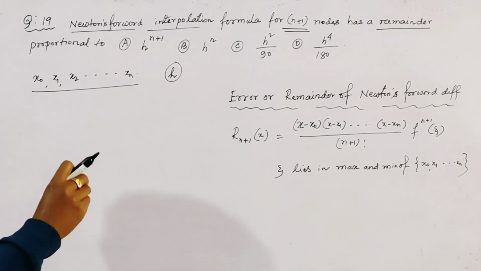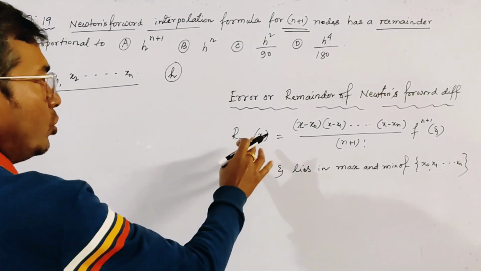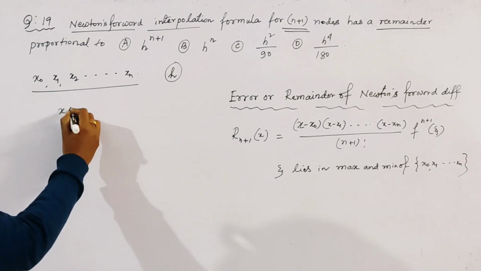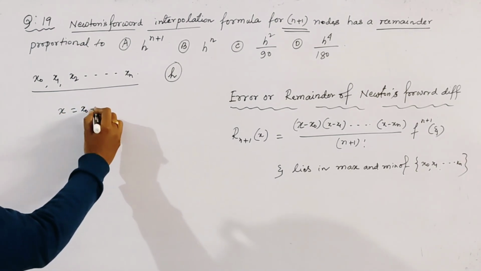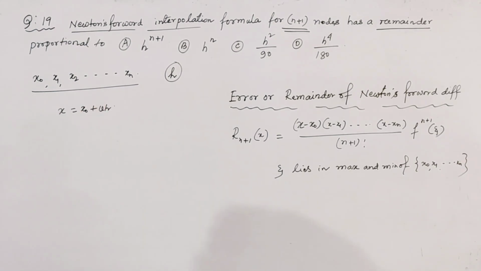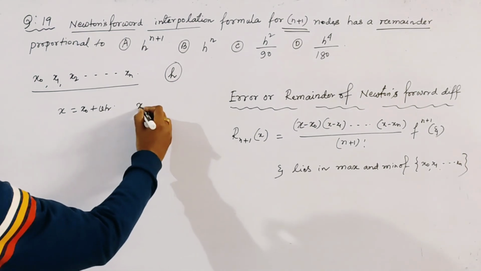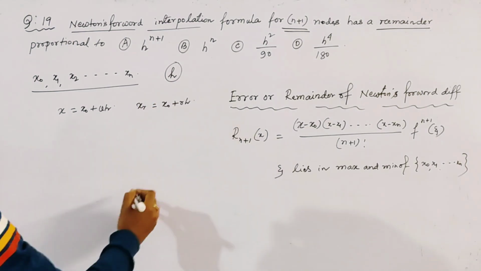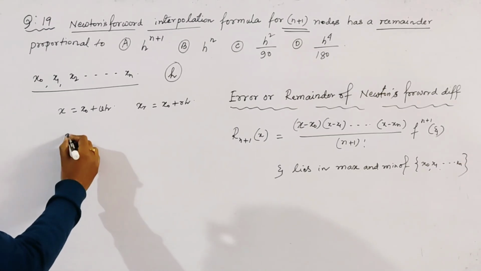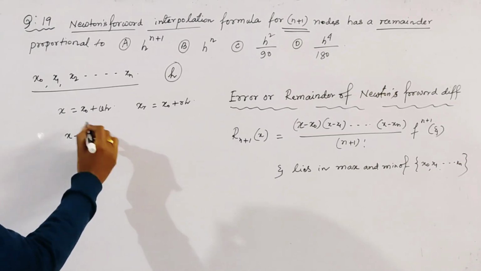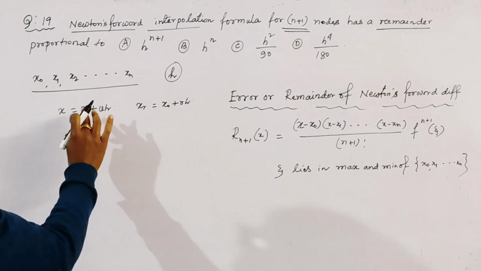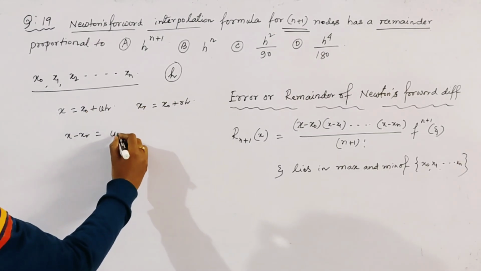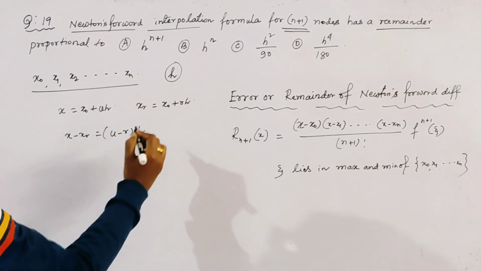Now to write the remainder term in a more symmetrical form, we put x equal to x0 plus uh. And we know that xr is equal to x0 plus rh, and now we calculate x minus xr: this is x0 plus uh minus x0 plus rh, so we get (u minus r) into h.